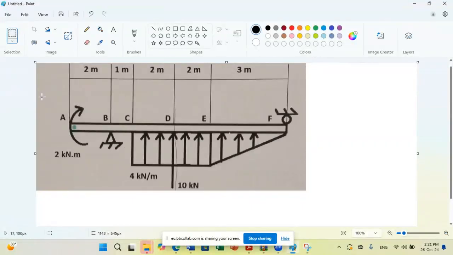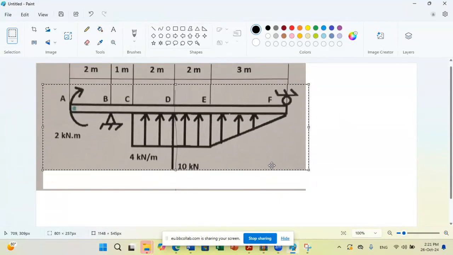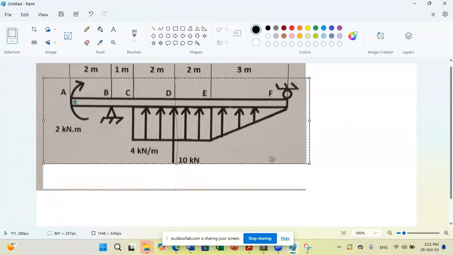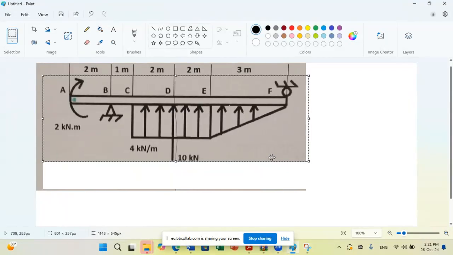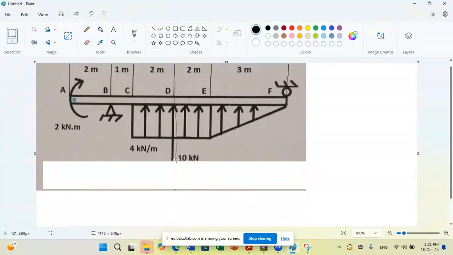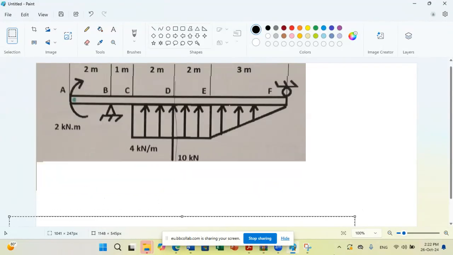To draw the shear diagram, as we said in class, we should look at the load on the beam, because the distributed load represents the derivative of shear. And we said that if we have a concentrated force, this will lead to a jump in shear.